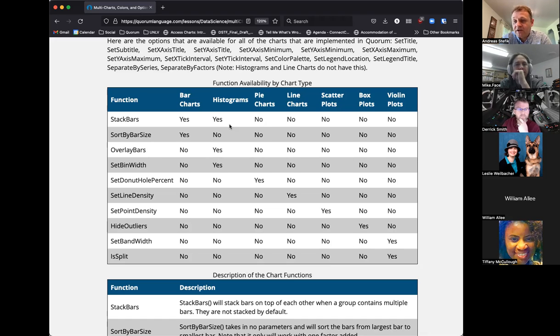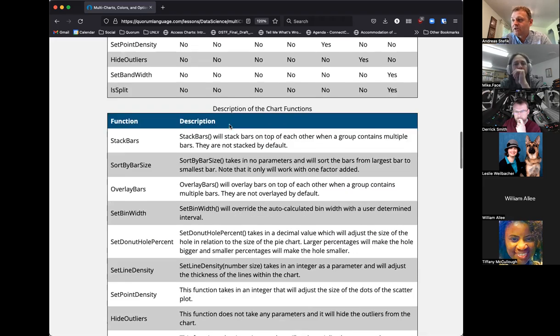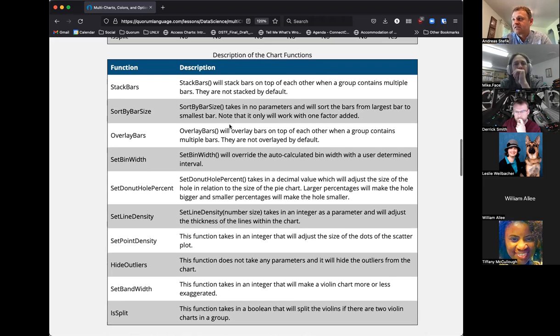So if you're interested in which charts support which functions, you can look at this chart and it will give you a list of them, a table of them across the board. Similarly, there are functions related to various other kinds of chart stuff, like the bin width and the line density and the point density that we can adjust. And we'll play with a few of these today.